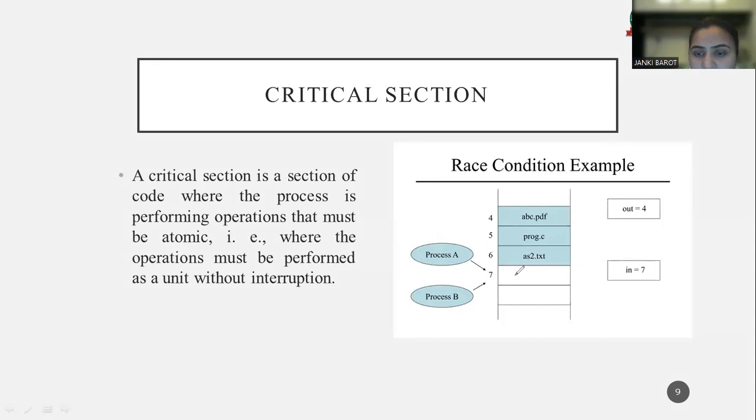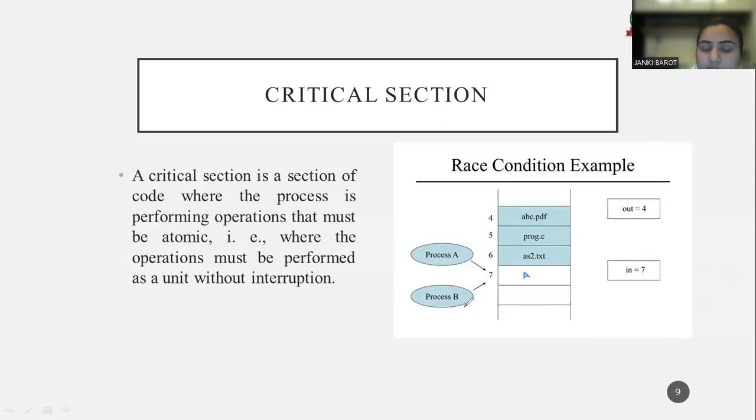Let's say here process A already occupied this. When both processes were generated, they both found that the 7th memory segment, this slot, is free. So they have a command that in 7 you can go and execute.